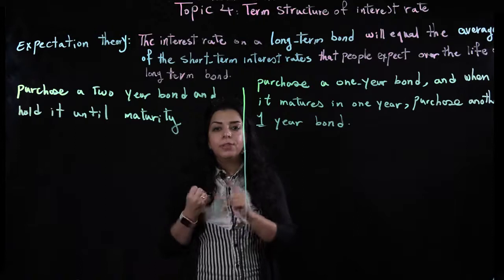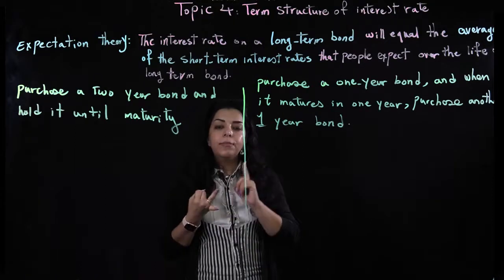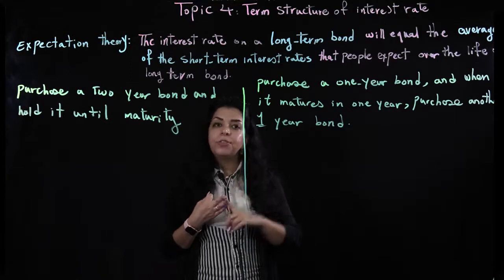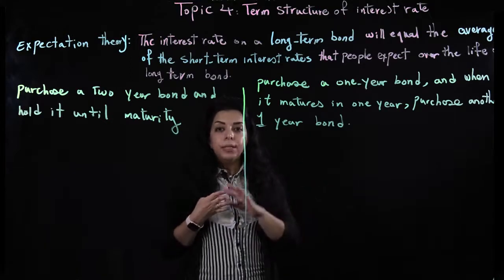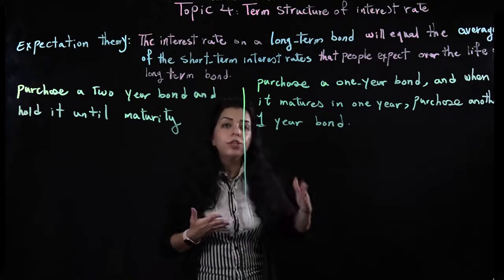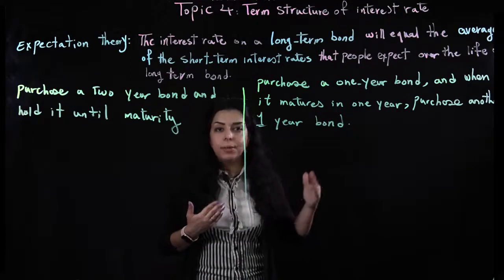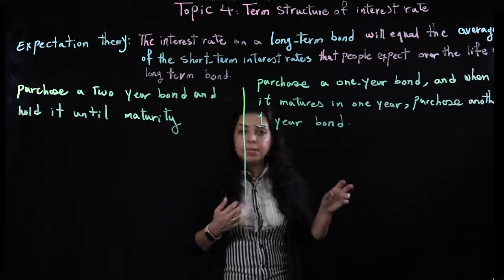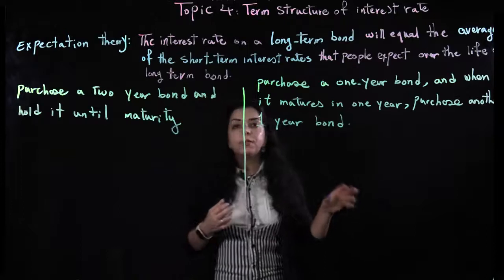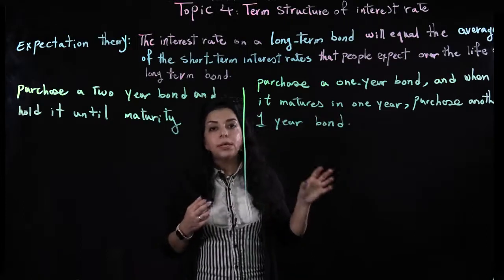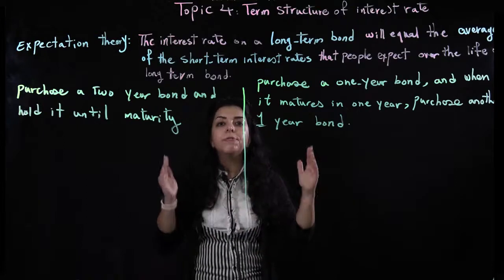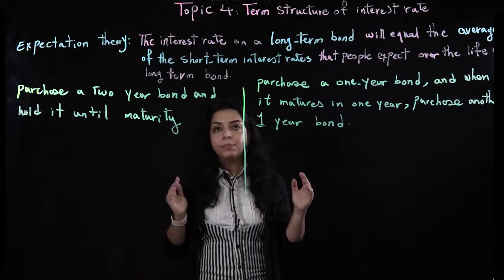We have the interest rate of the next year, then the interest rate of the next 2 years, then the next 3 years, then the 4 years and 5 years. For each of them, it's going to be a short-term interest rate. So based on the expectation theory, the interest rate of a 5-year bond is equal to the average of the short-term interest rates within 5 years.